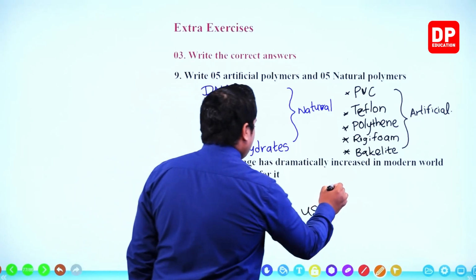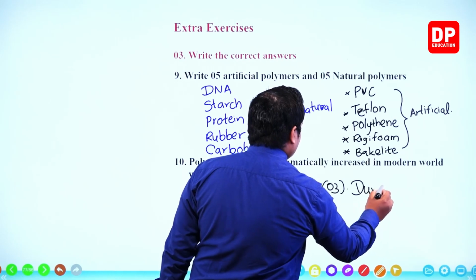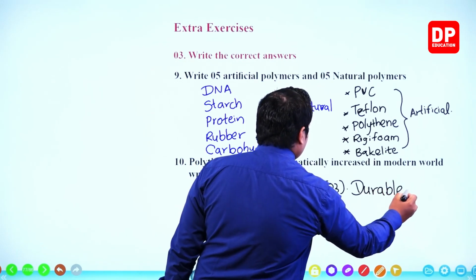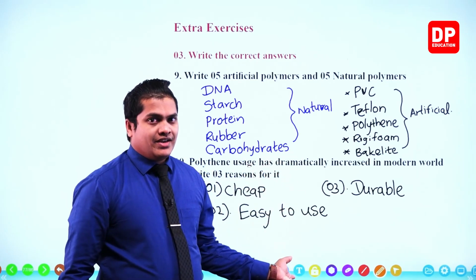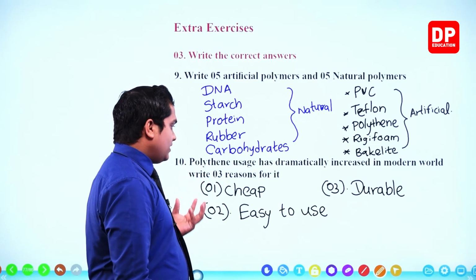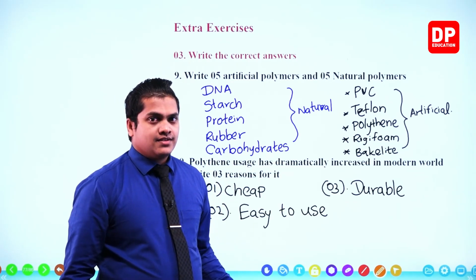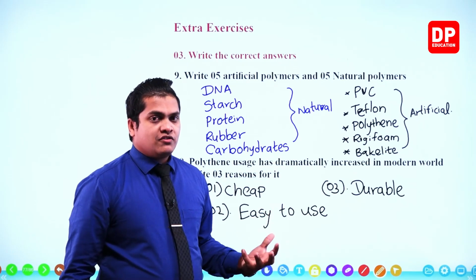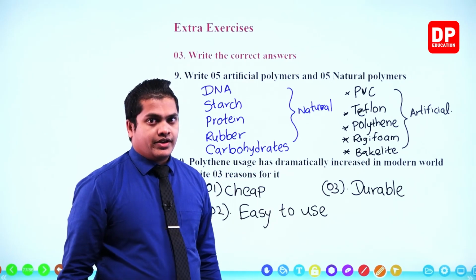Then number 3, durable. So durability, the ease of use and the cheapness. Because of having these factors, the usage of polythene has dramatically increased in the modern world, my dear children.